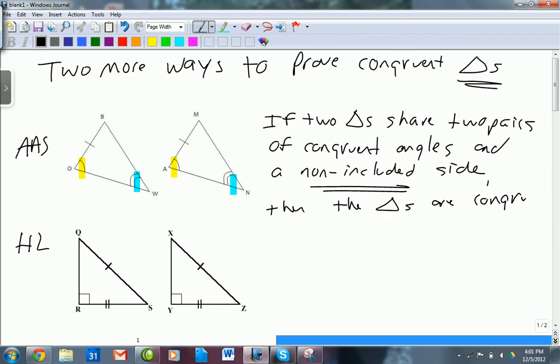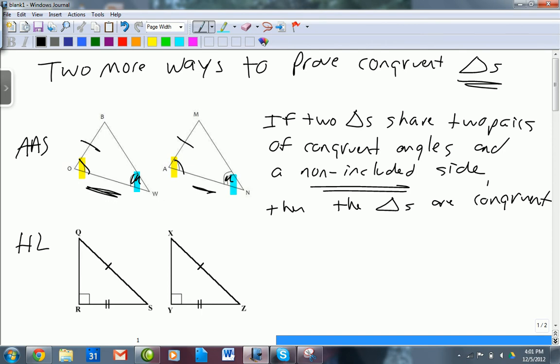And that's called angle, angle, side. Non-included side. The included side would be these guys right here. That would be angle, side, angle.